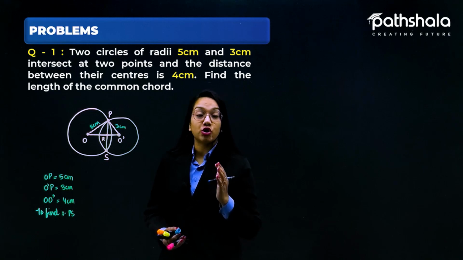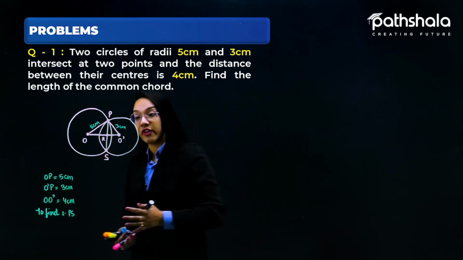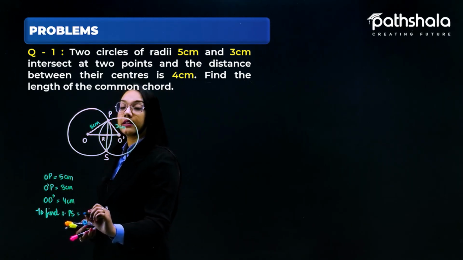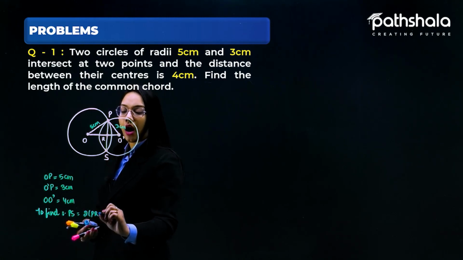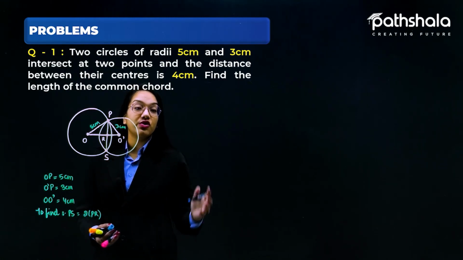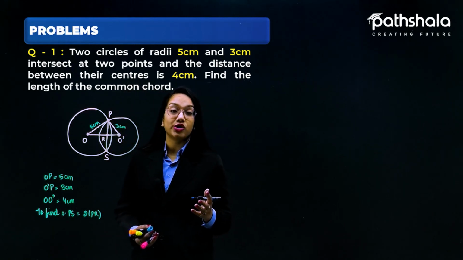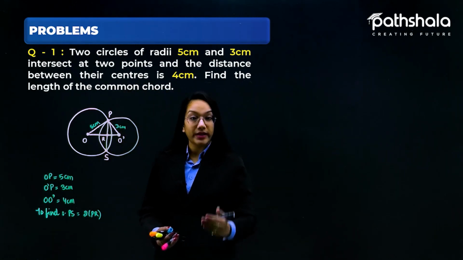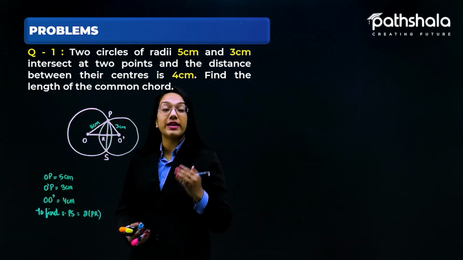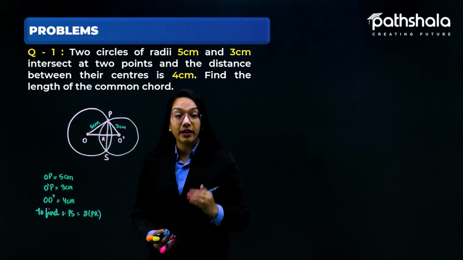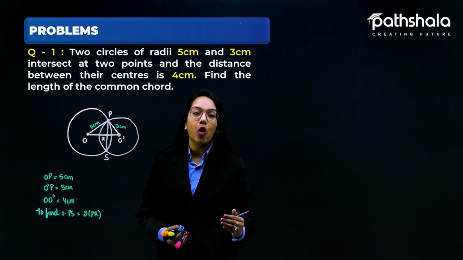Using that theorem, I'm writing that PS is exactly twice PR. Why? Because whenever we have two circles intersecting each other at any 2 points, their centers always lie on the perpendicular bisector of the common chord.